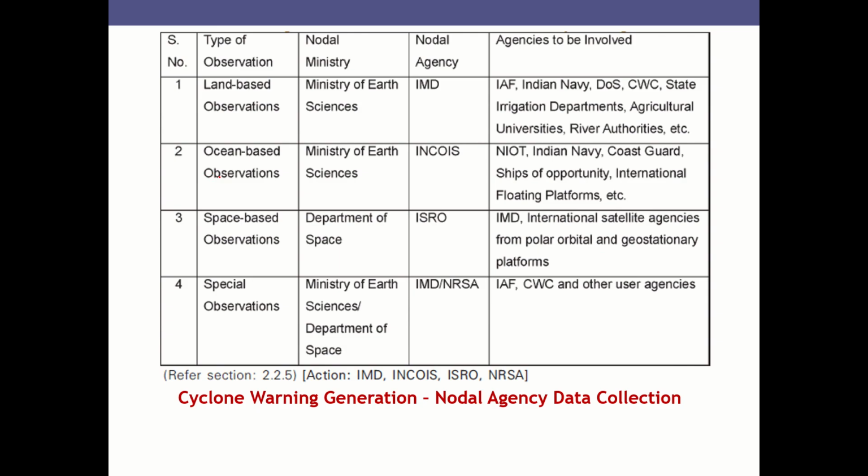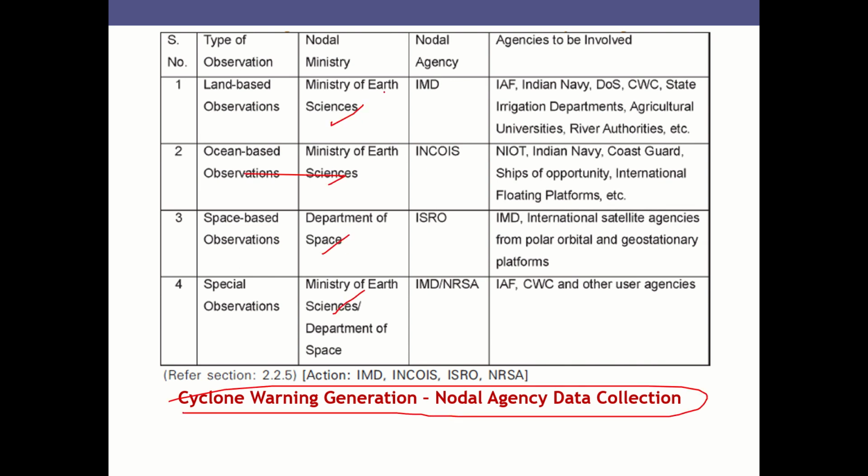Okay, I have put one small piece of information where, for example, it says cyclone warning generation and nodal agency. There are different ministries involved in observation of formation of cyclones and so on. One is land-based observation, ocean-based observation, space-based observation, and special observations as well.